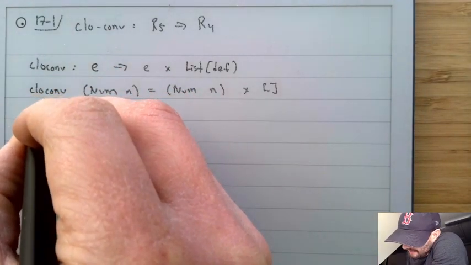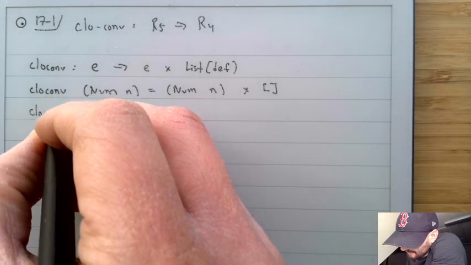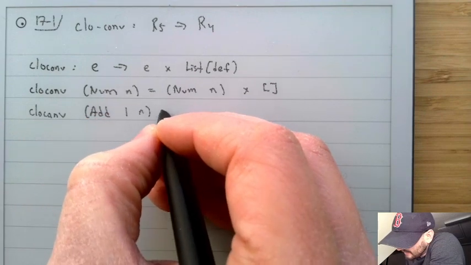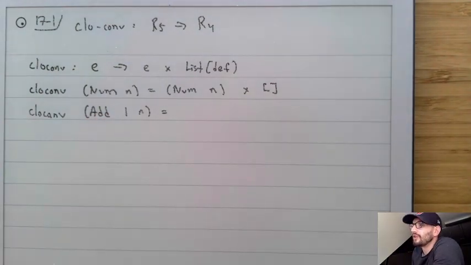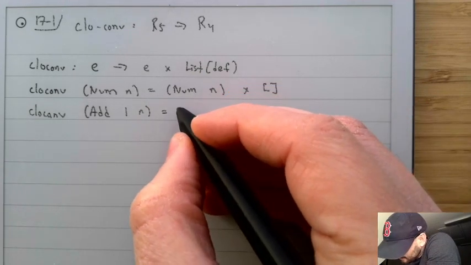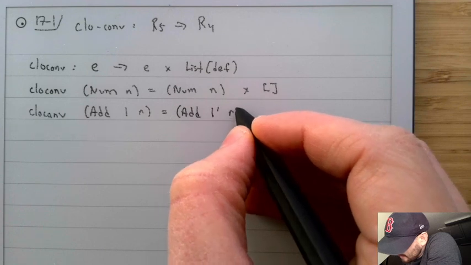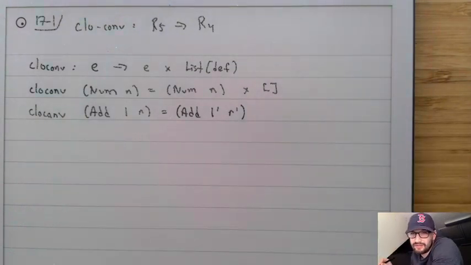But what about when we have an add? If we had an add of a left and a right, what we're going to do is turn this into an add of a left prime and a right prime, because the left and right inside of there may have more closures.